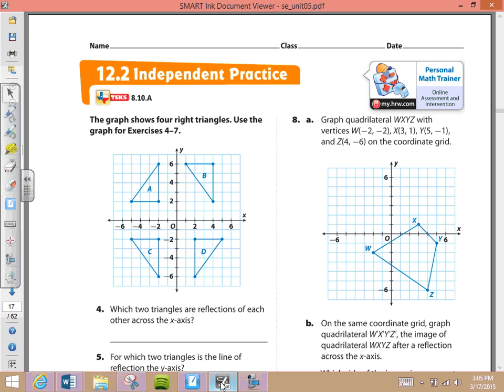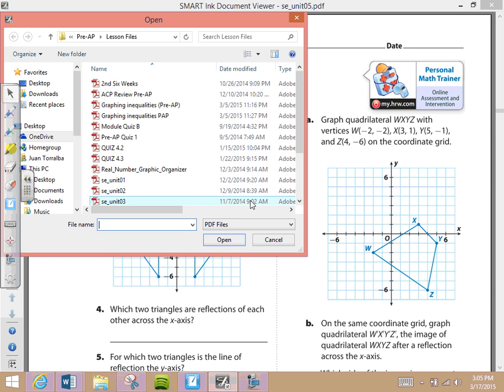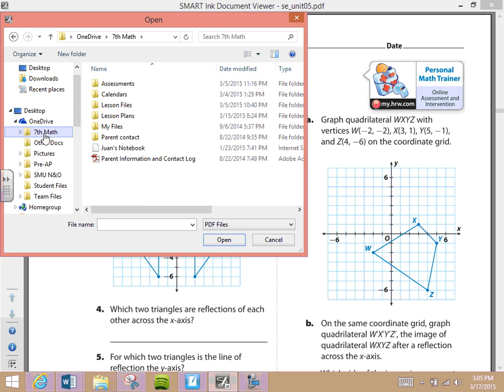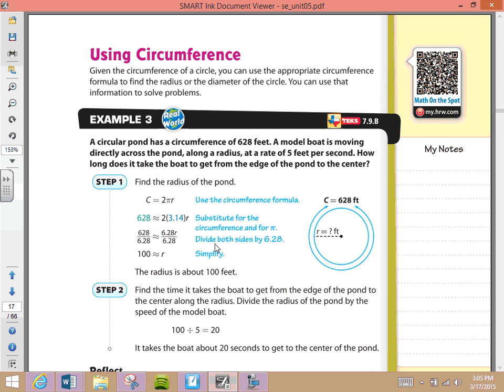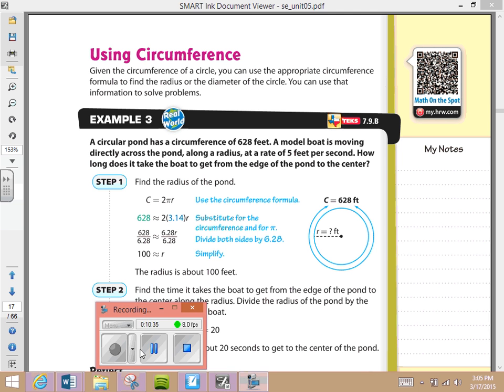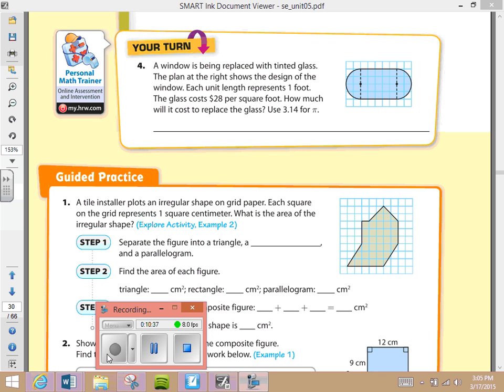Go to your book. Go to page 306, and I want you to work on number 4 individually. 306, and I want you to think of how we solved the other problem and apply the same information to this one.